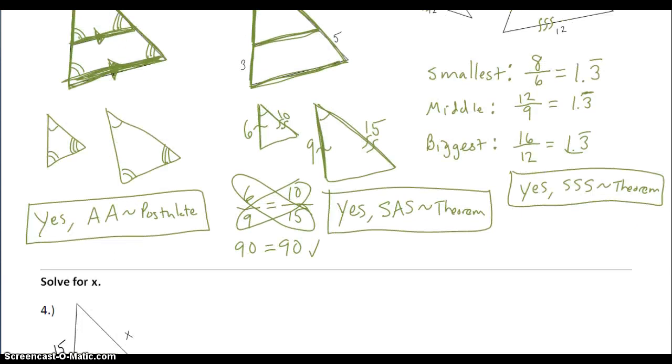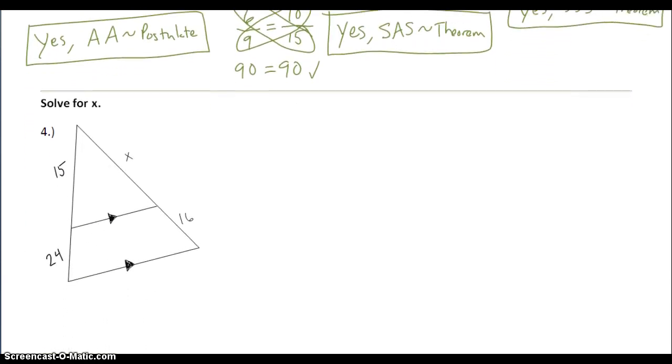We're going to switch gears and look at a problem where we have to solve for x. In order to solve for x in this problem, I first need to know that these two triangles are similar to each other.